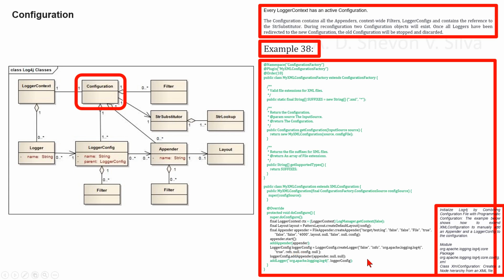The class XMLConfiguration in org.apache.logging.log4j.core.config.xml in module org.apache.logging.log4j.core creates a node hierarchy from an XML file.